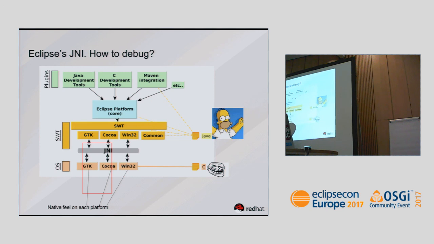For example, we extended a GTK container called a fixed container to do the layouting, because GTK did not provide one. So it's not clear whether the issue is in Java, in our custom code, or in the library. So we end up doing a lot of C debugging in SWT, going back and forth.